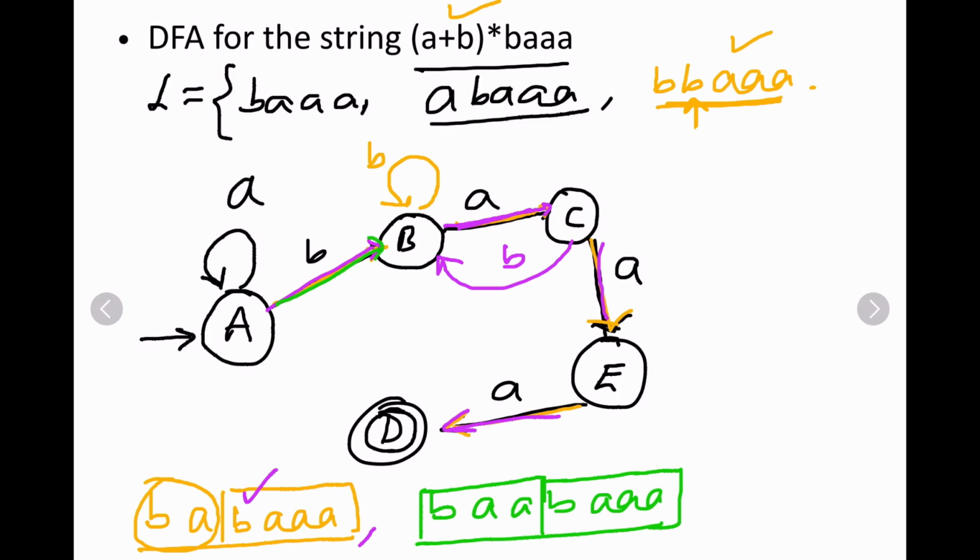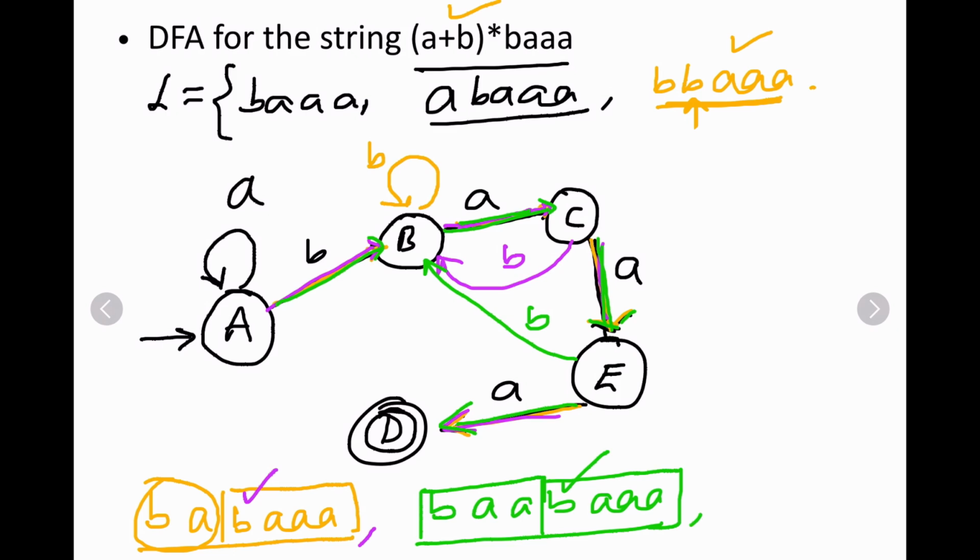B is already there, b is also there, one more b is also there. When you reach E, there is no transition on a. Then you have to give it here, on a, E to B. So then this is accepted. Next, the three b's are consumed and reach the final state. This is also accepted.